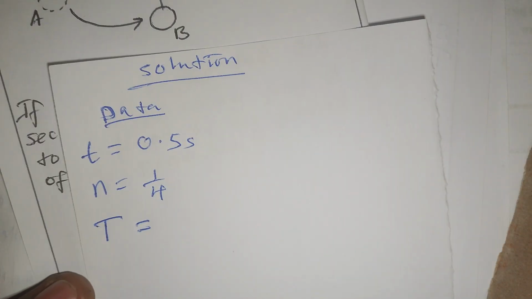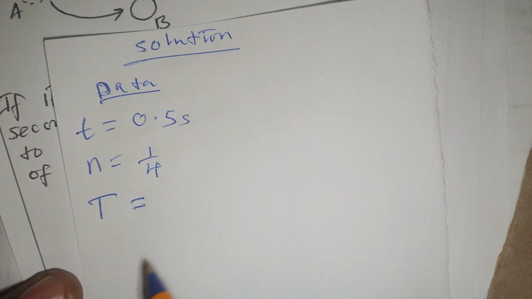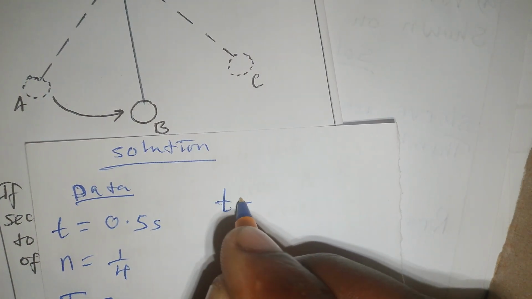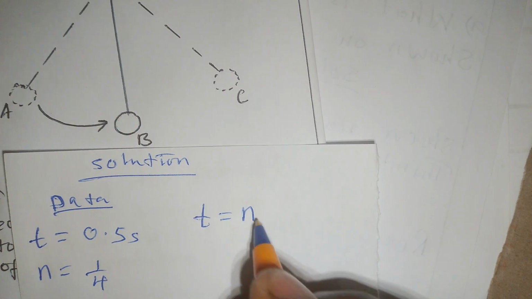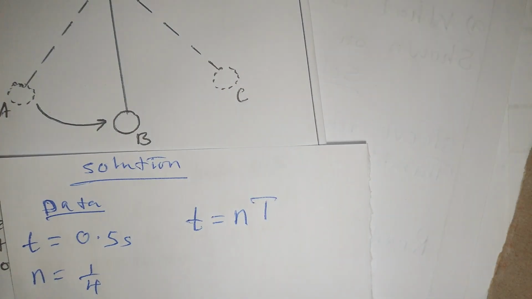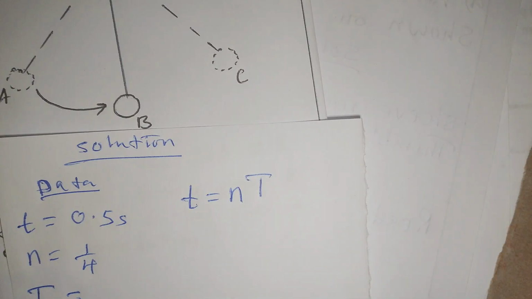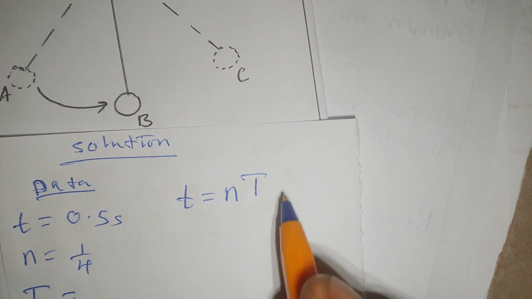So we come up with the formula for period. We know that time is equal to number of oscillation times period. So we want to solve for period, meaning we make period the subject of the formula.